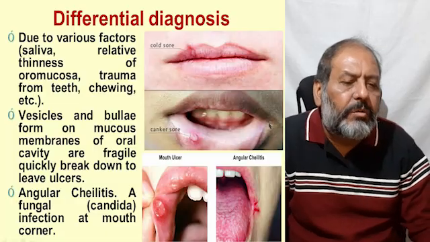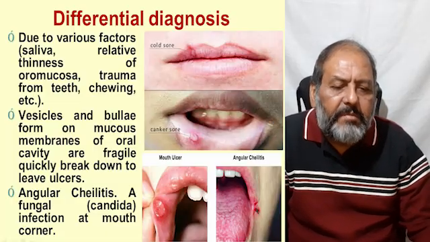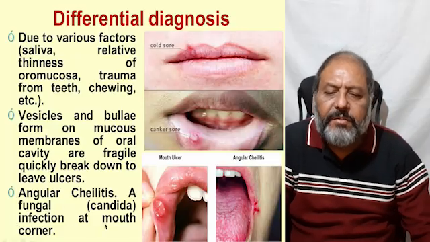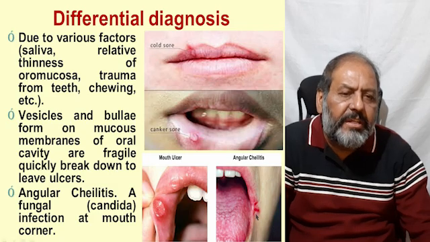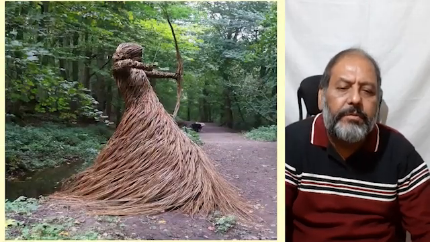The canker sore, the angular cheilitis, and here again mouth ulcer and angular cheilitis. Angular cheilitis, a fungal candida infection at the mouth corner, is seen. So consider these as the differential diagnosis.